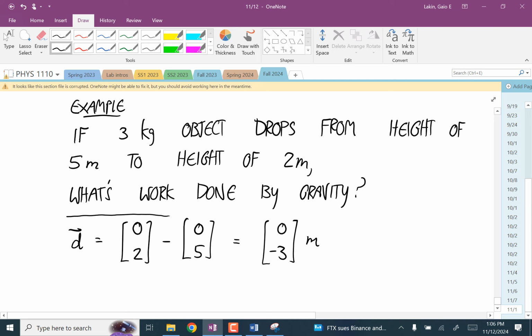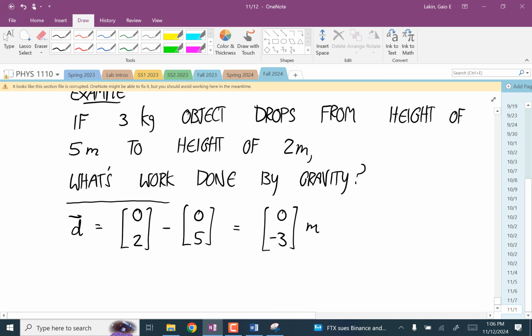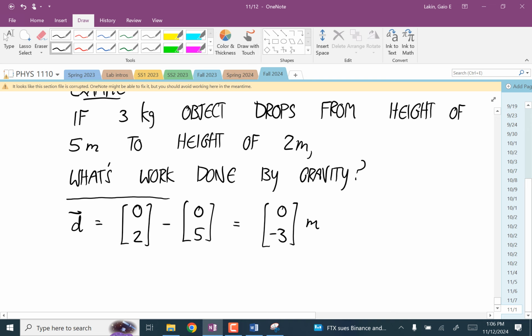Are you with me on that? And then what about the gravitational force? That gravitational force is mg in the negative y direction. So that's 0, -29.43.